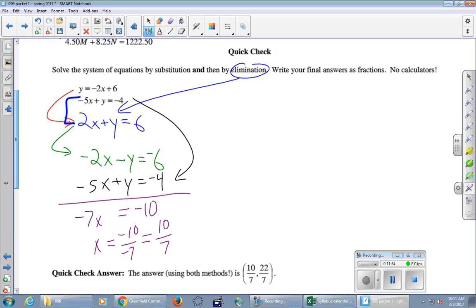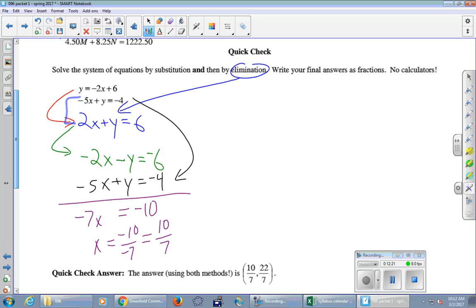Well, what number do 2 and 5 both go into? Smallest number is 10, right? And so how could you turn that 5 there into a 10? Multiply by 2. So you multiply that first equation by 2. I'd probably keep it positive too. You're trying to turn the 2 into a 10 by multiplying by 5. So you multiply the first equation by 2, last equation by 5, -10x, +10x will cancel.